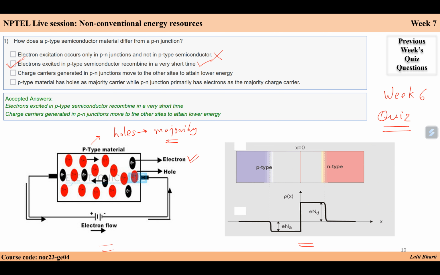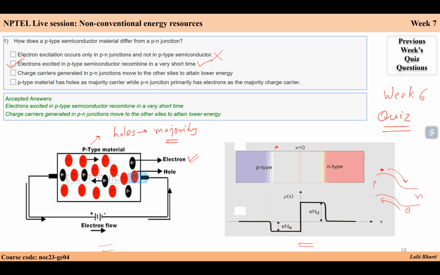Third, charge carriers generated in the PN junction move to the other side to attain lower energy. Yes, if electrons are here, and we know the band bending of P-type and N-type in a PN junction, electrons tend to come to this side, and if holes are here, holes tend to go to this side.